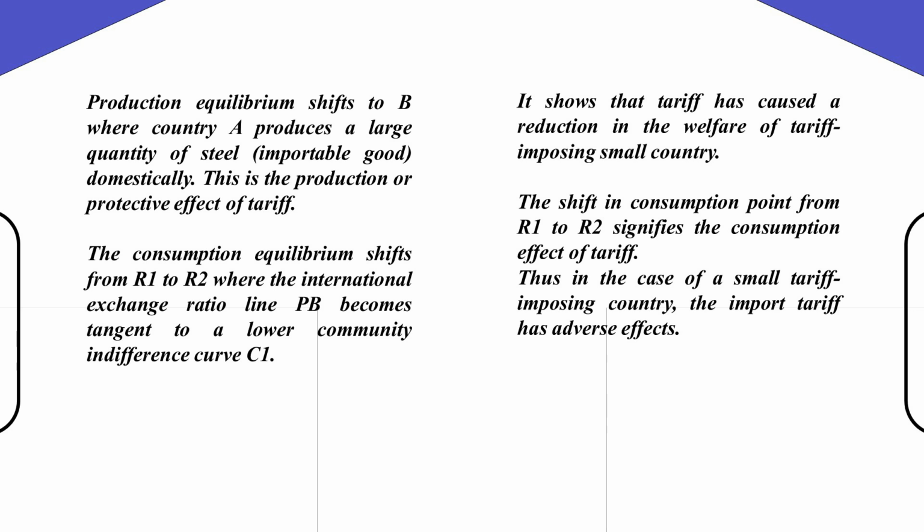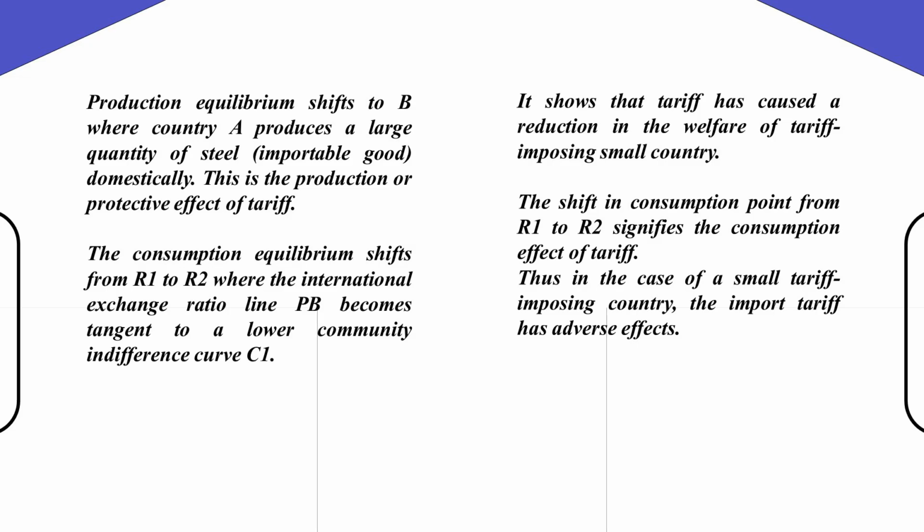The consumption equilibrium shifts from point R1 to point R2 in the diagram, where the international exchange ratio line PB becomes tangent to a lower community indifference curve C1.